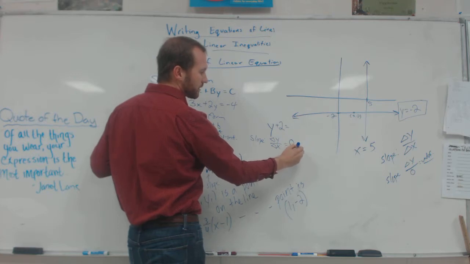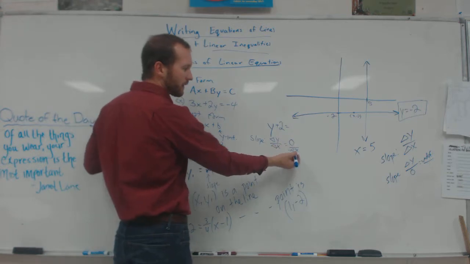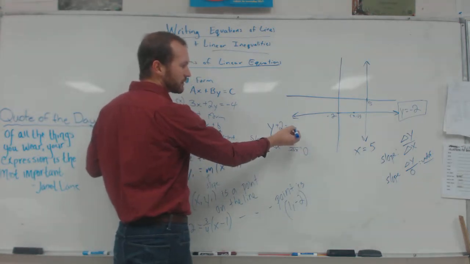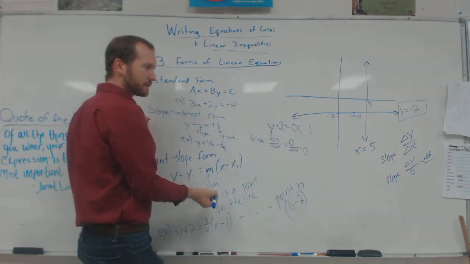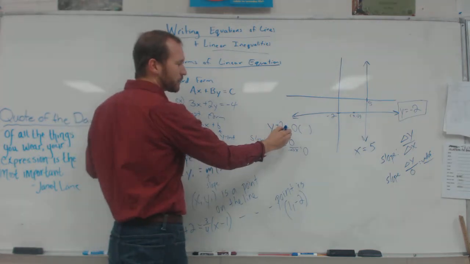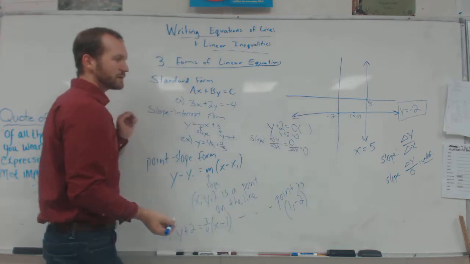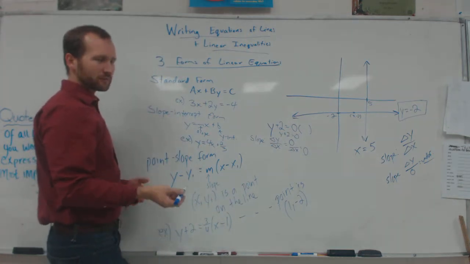So we have 0 over the change in x. x does change, but 0 over anything is just 0. So my slope is 0. And then it doesn't matter what's inside my parentheses, because that's going to be 0. So the point slope for this line would look really weird, right? It's basically y plus 2 equals 0. It doesn't really work.